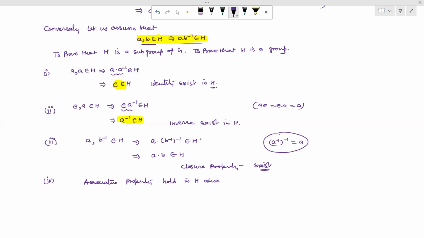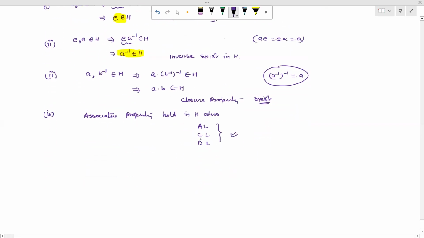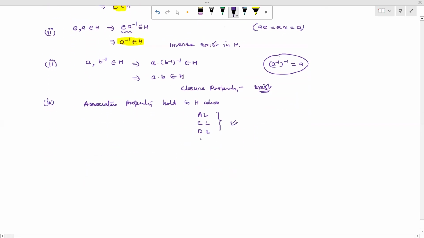Some properties, such as associative law, commutative law, and distributive law, are hereditary properties that always hold in H. So when all four properties are satisfied, we can write that H is a group.